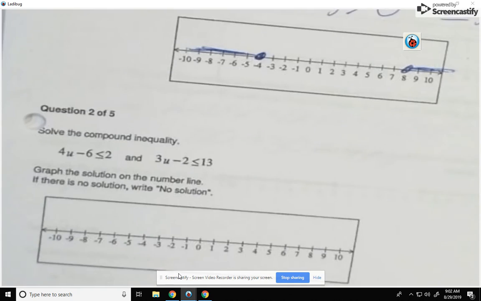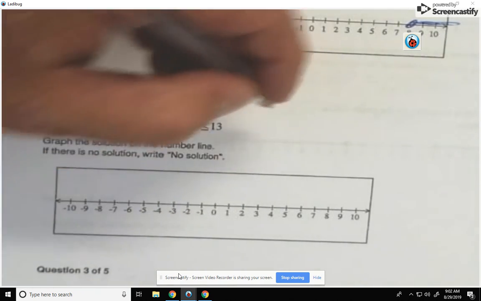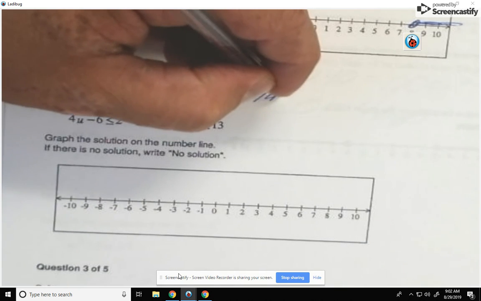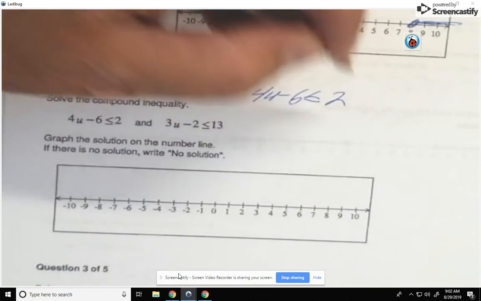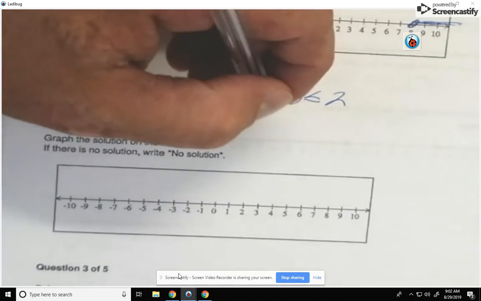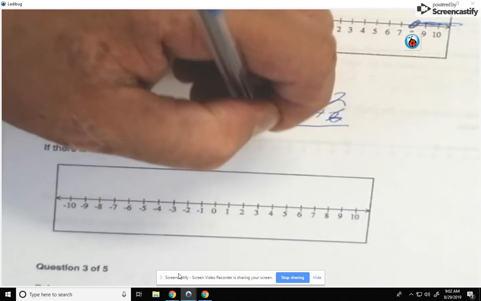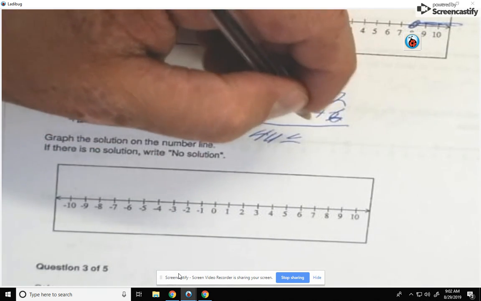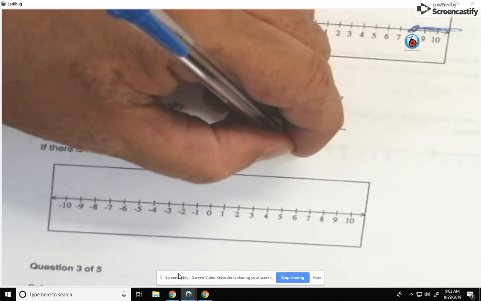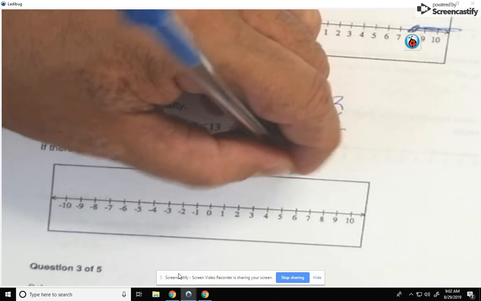Okay, question 2, same thing. All this is 2 equations, so we solve these 2 inequalities the same as we always have. So here, -6, we add 6 to get 4u is less than or equal to 8. We divide by 4, and we get 2.